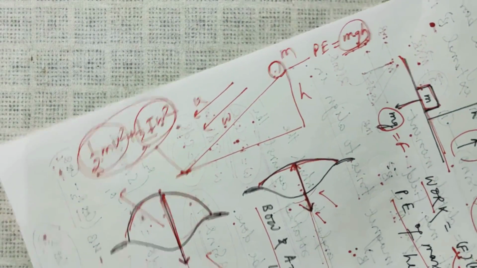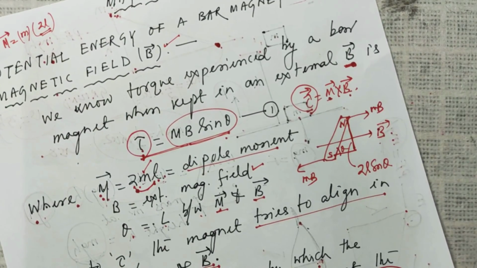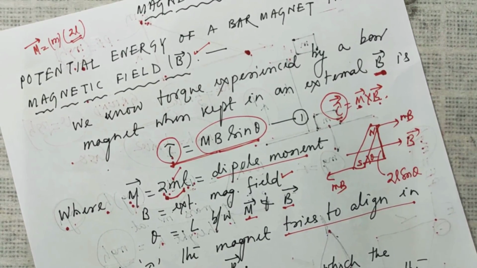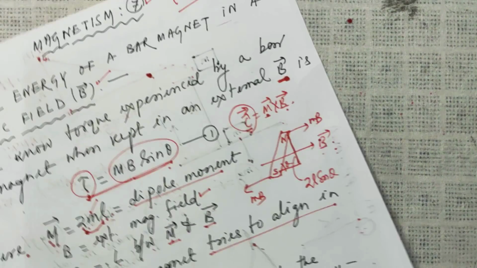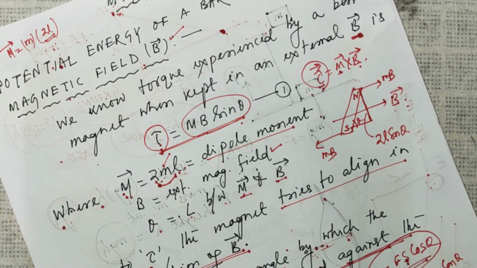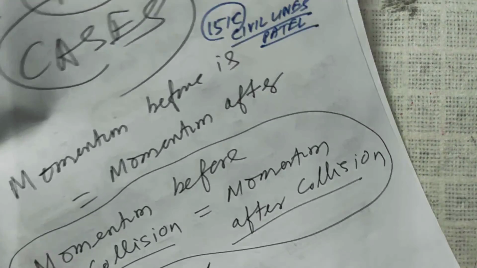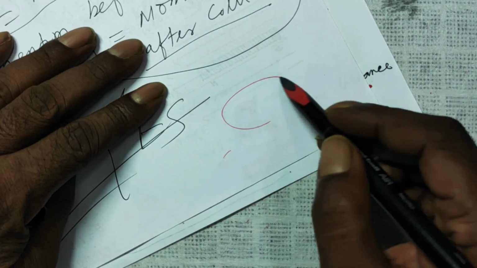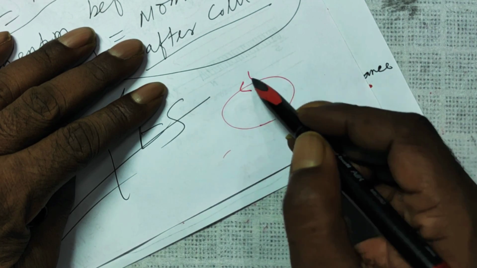So I think the potential energy of a bar magnet in a magnetic field is now clear to you. Now in the next lessons we'll move on to a loop carrying current.